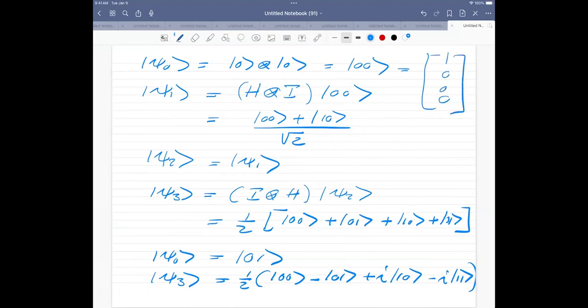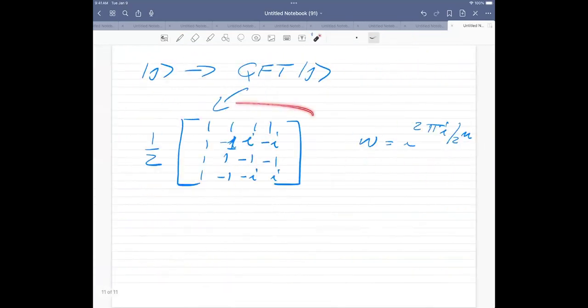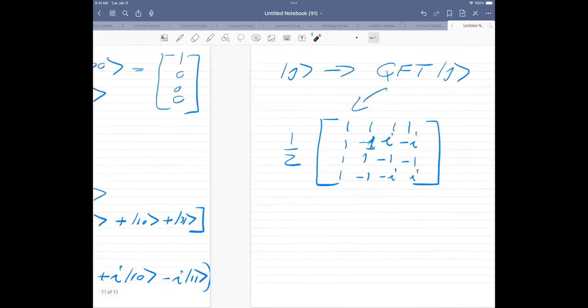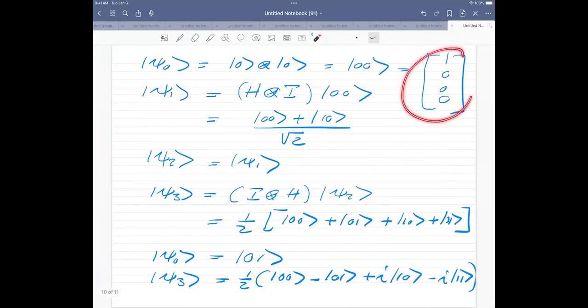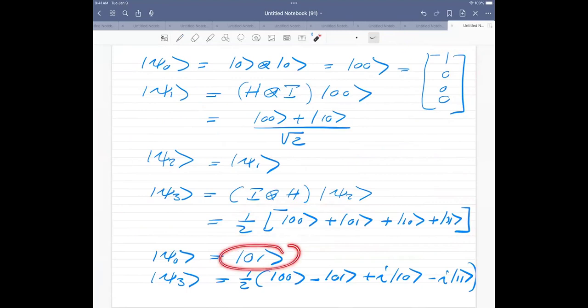I multiply the QFT matrix with this state, and I get this transformed state, a linear combination of computational basis states. So this is essentially what the QFT is doing for us.